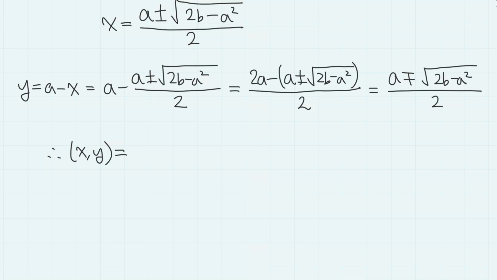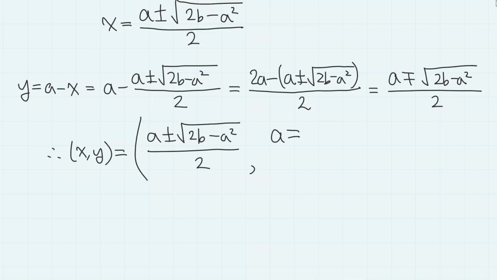Therefore, we can write our answer as x, y equals a plus minus square root of 2b minus a squared over 2, a minus plus square root of 2b minus a squared over 2.